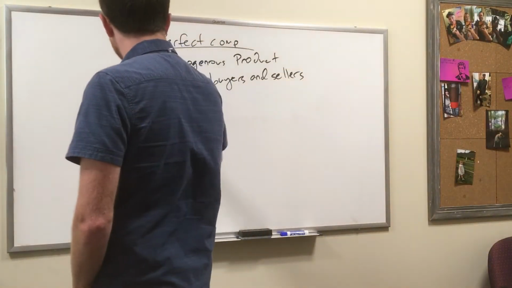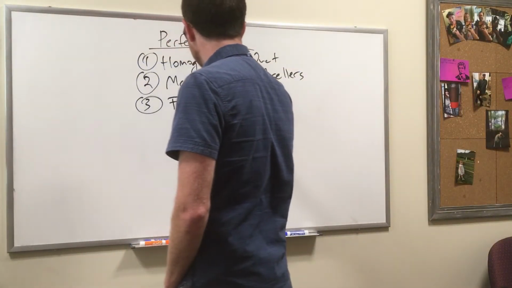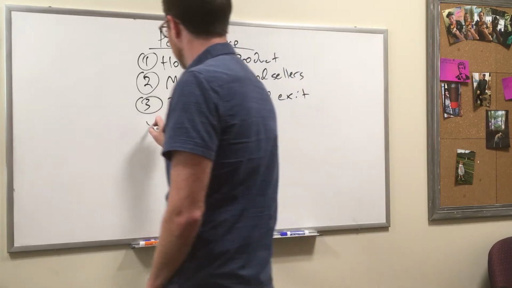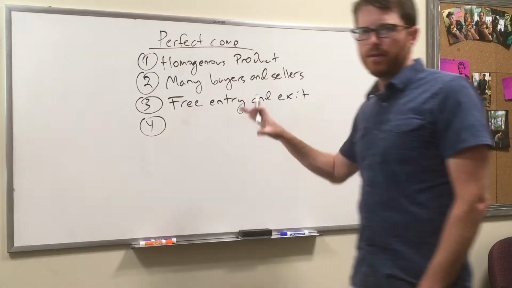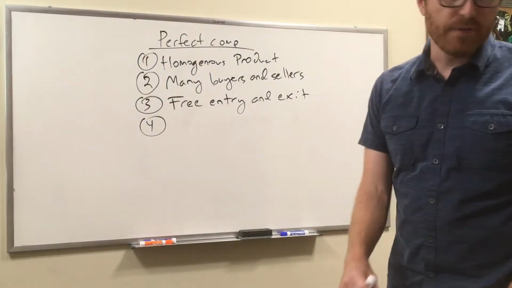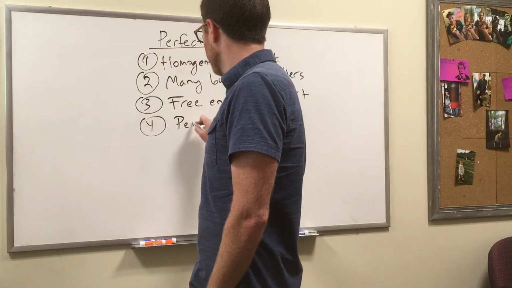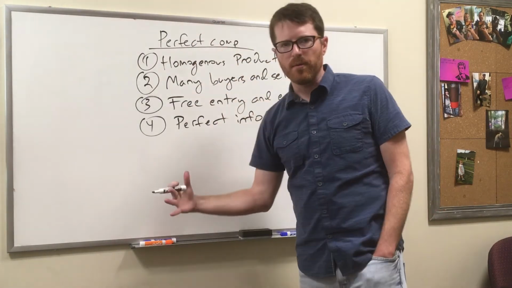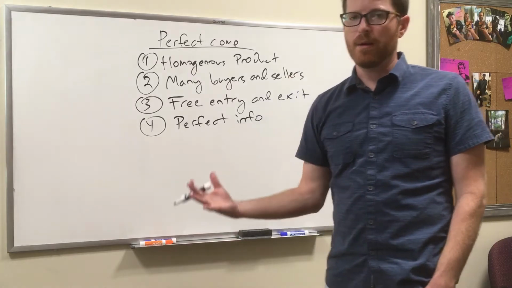Free entry and exit. So anybody that wants to sell the good can sell the good, and anybody who wants to stop selling the good can stop. And then finally, perfect information. If all of these criteria are met, then you have perfect competition.